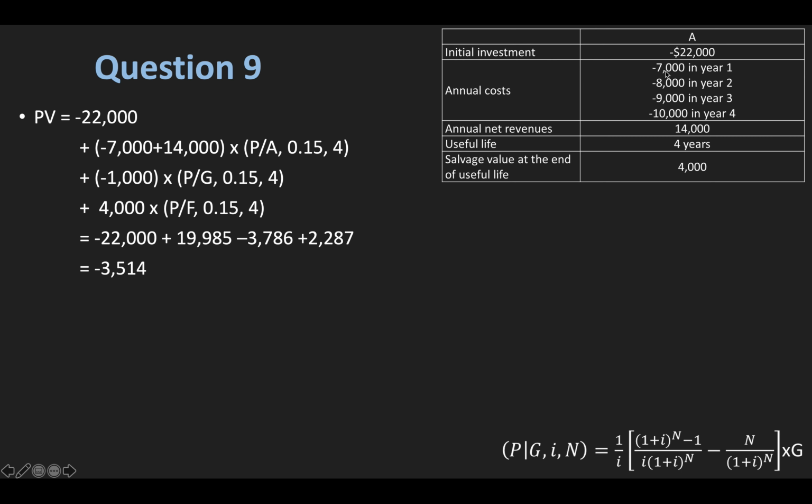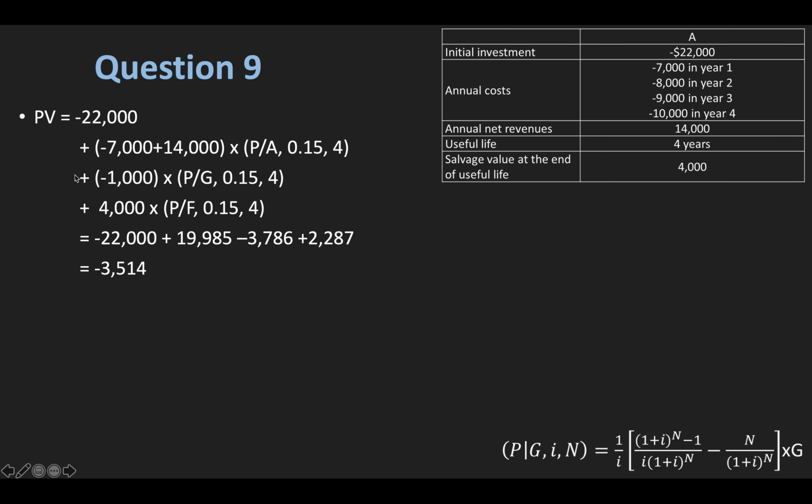So one annuity has a cash flow of negative $7,000, and because we already have a positive $14,000 cash flow, we add these two together. That's our annuity, and based on the annuity we can calculate the present value.